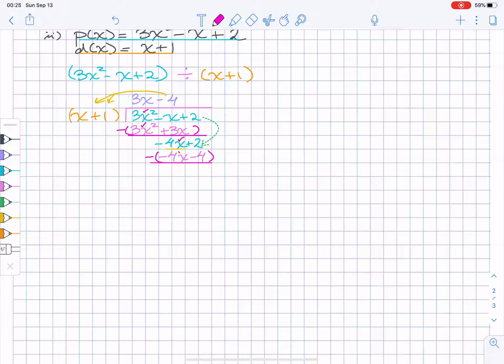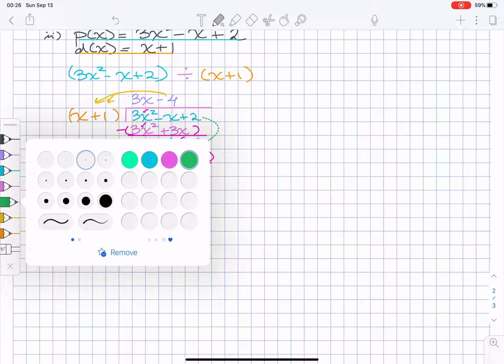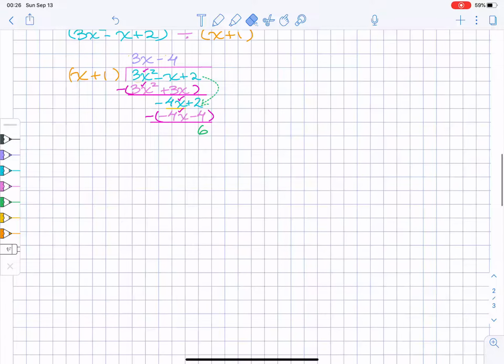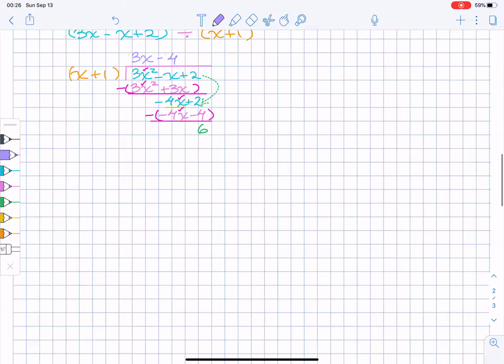Notice that the negative 4x, minus a negative, becomes plus 4x, goes away, and I have 2 plus 4, giving us a remainder of 6. Okay, so let's see what we have here. The quotient q of x is 3x minus 4, and the remainder, r of x, is 6.